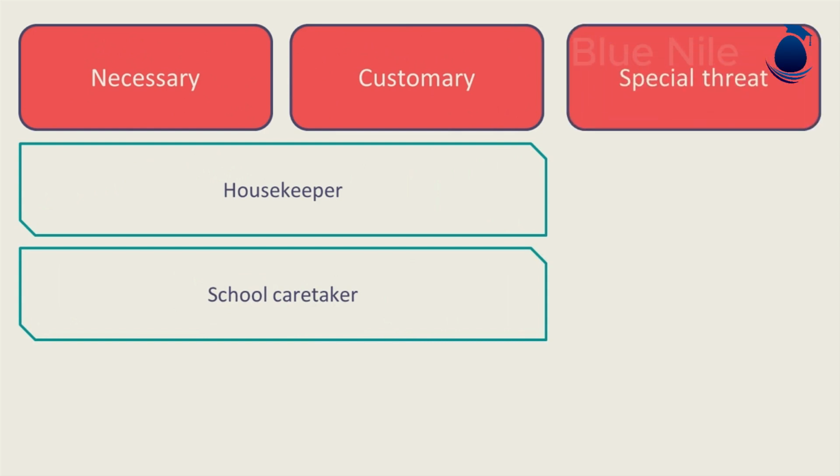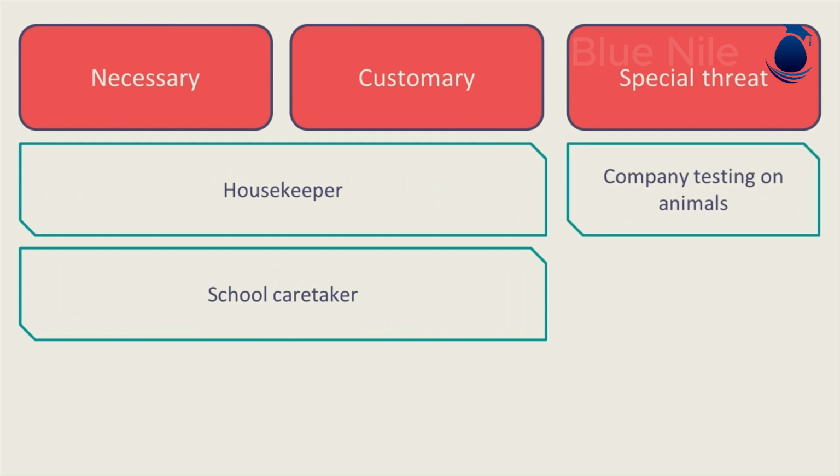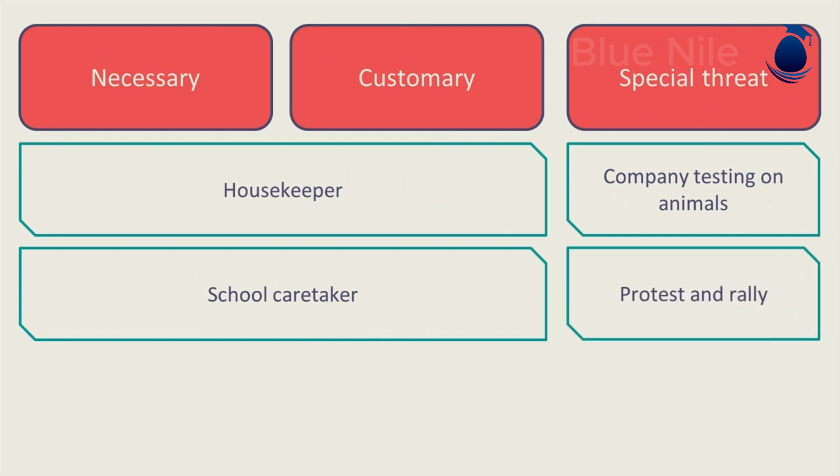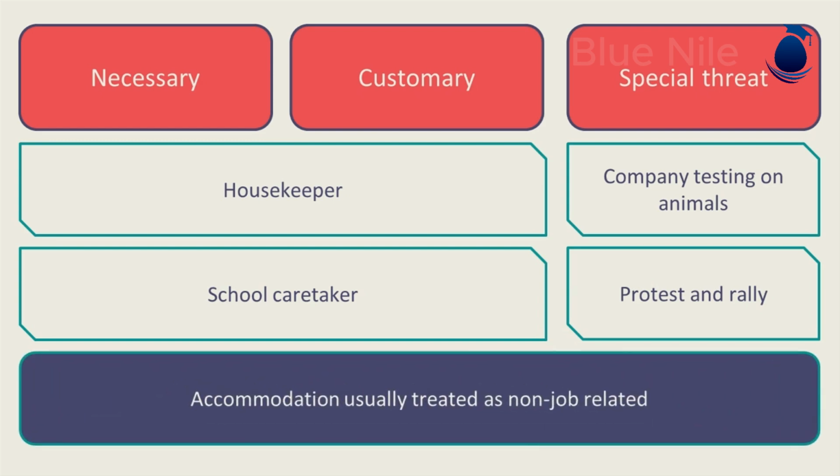The situation with the special threat element could perhaps apply to somebody working for a company which tests its products on animals, as there are activist groups who protest and rally against such activities. It's therefore relatively difficult to meet these conditions, and more likely that the accommodation should be treated as non-job related. We'll come back to look at how the calculations differ if the accommodation is to be treated as job related.